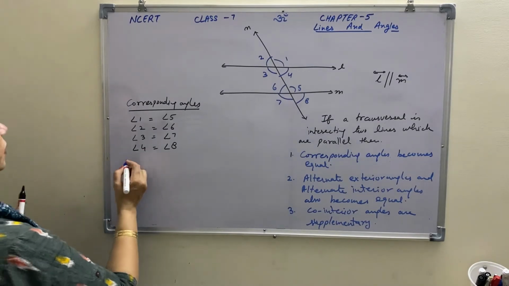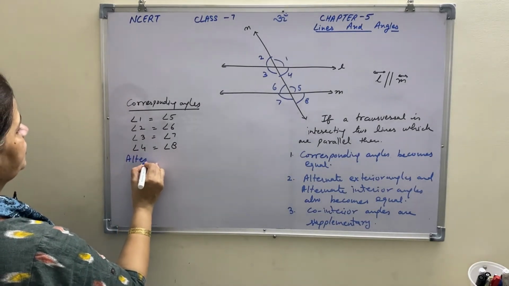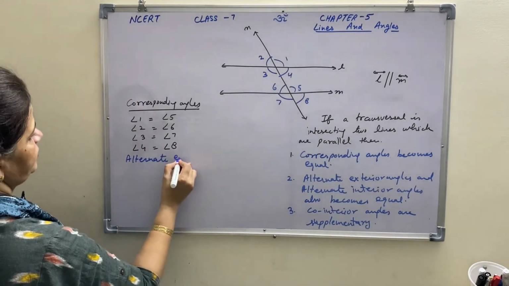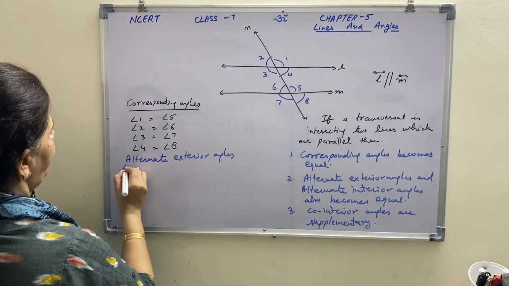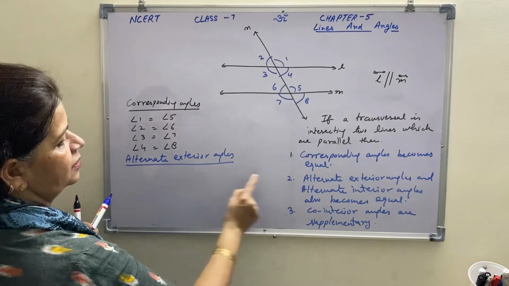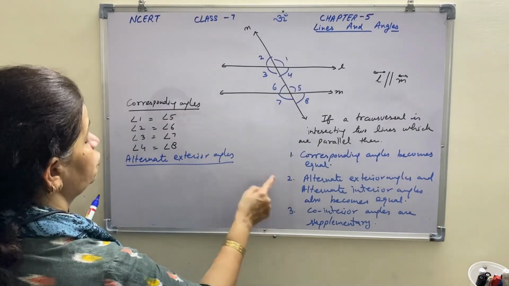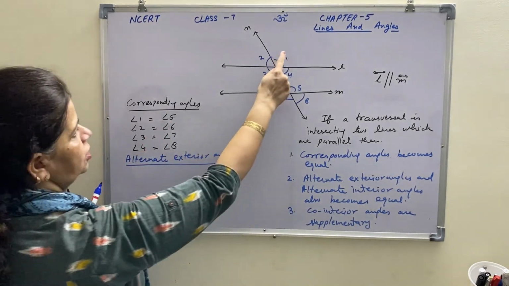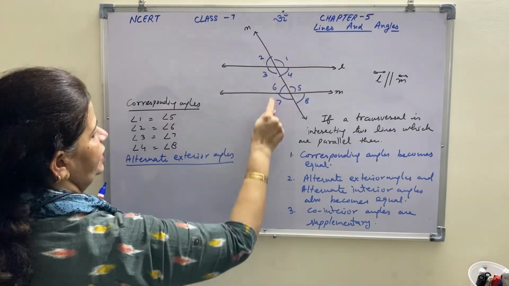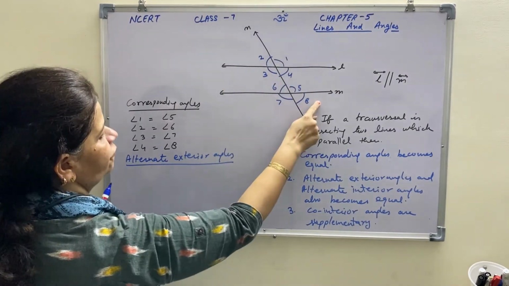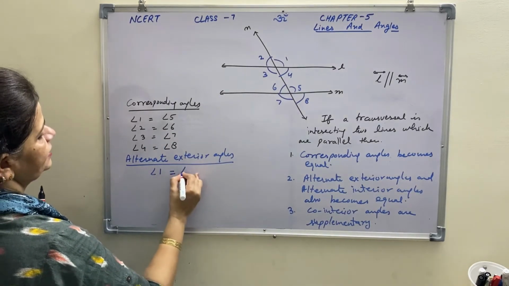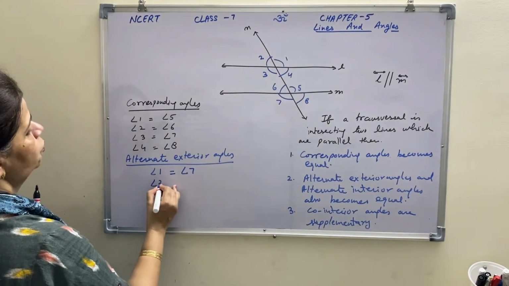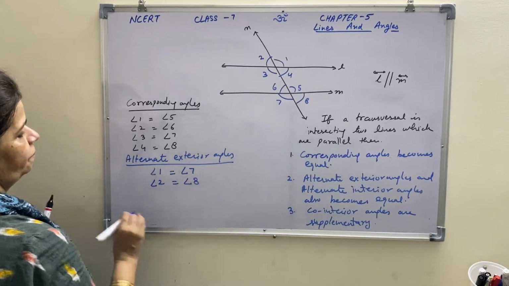Then we have alternate exterior angles. There is a change here also. If the lines are parallel, alternate exterior angles also become equal. Here alternate exterior angles are 1 and 7 as one pair, and 2 and 8 as another pair, and they become equal.